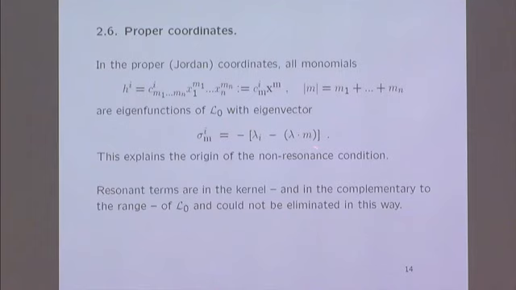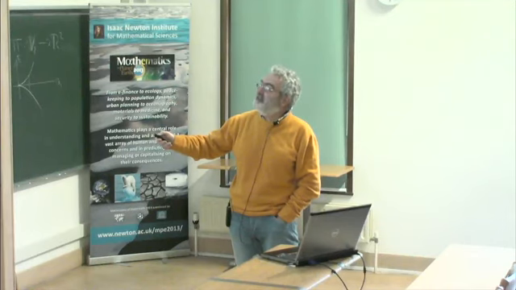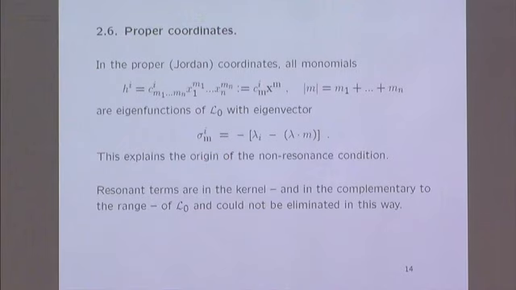So this also tells you why there is this non-resonance condition. Non-resonance means that this must not be 0. And if you have to solve the equation that we have seen before, you have to invert the operator, at least on the range of it. So you have basically to divide by this number. So if this number is small, you get what is called a small denominator, which makes trouble in the radius of convergence of the procedure.